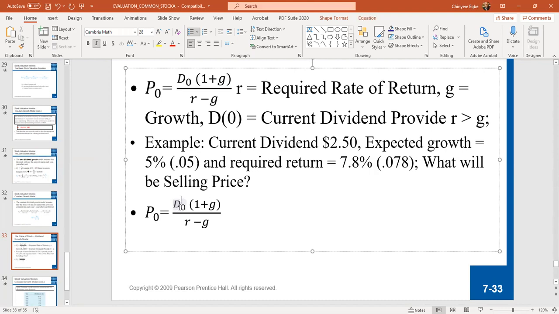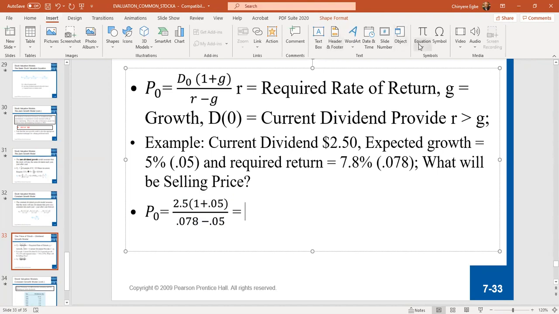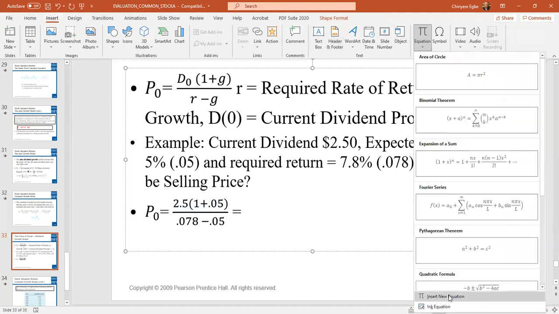And so the current dividend is $2.50, so 2.5. And the growth rate is 0.05. And R, the required return, is 0.078. And of course, minus G, 0.05. So what do we have?